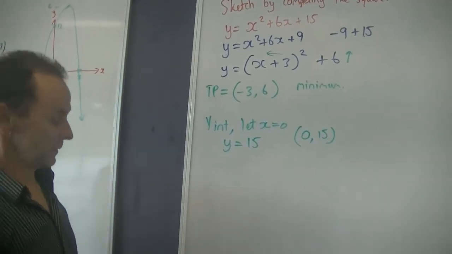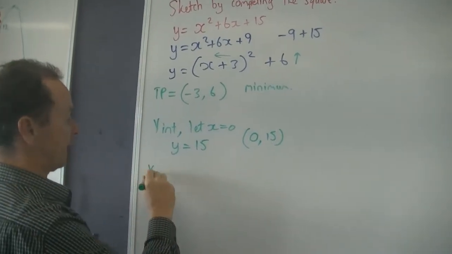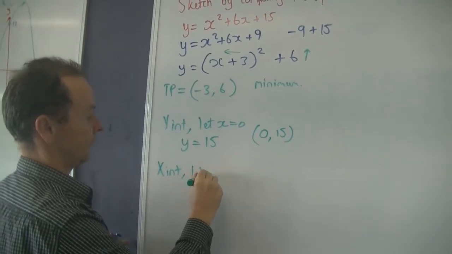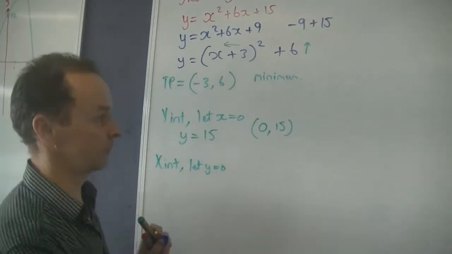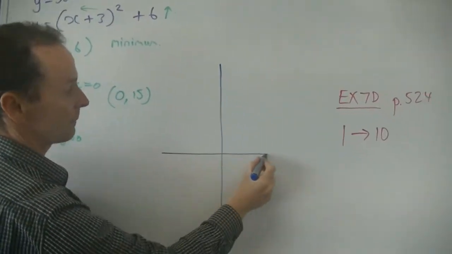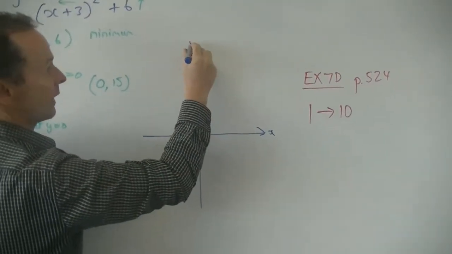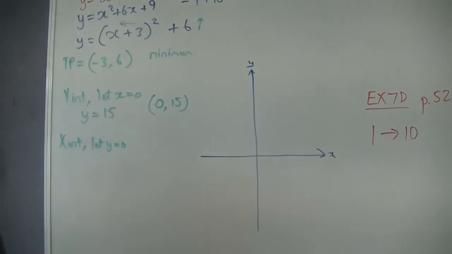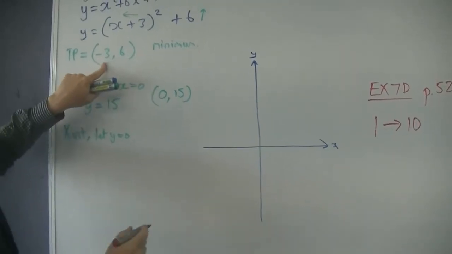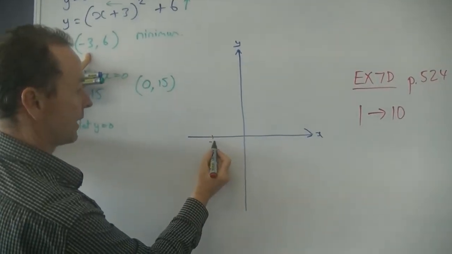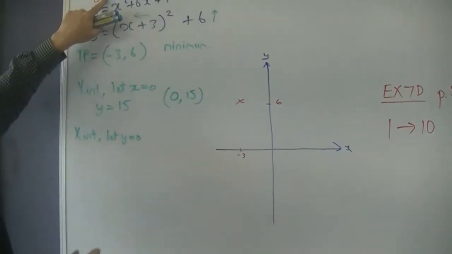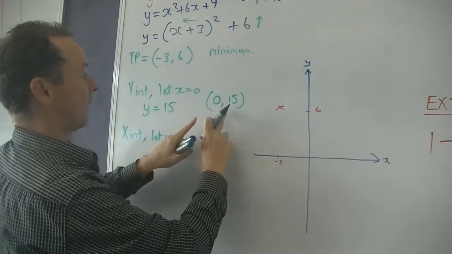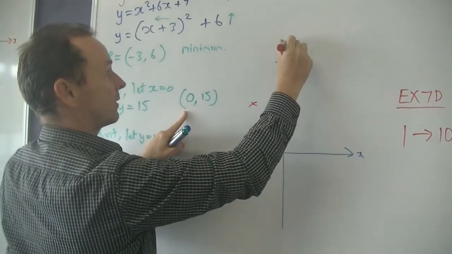Now, we can sit there and try and work out the x-intercepts, let y equal 0, but sometimes it's a good idea to have an idea of what our graph looks like, and I'll show you why. So we've got our x and y axes there. What have we got so far? Our turning point is -3 and 6. So our turning point's there. We know it's an upright parabola, and our y-intercept is at 15.